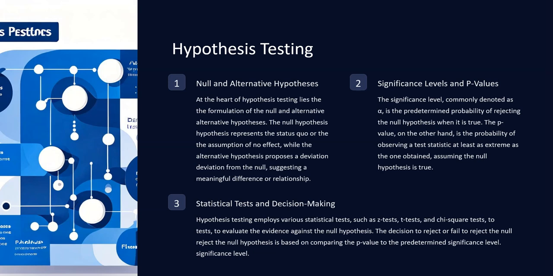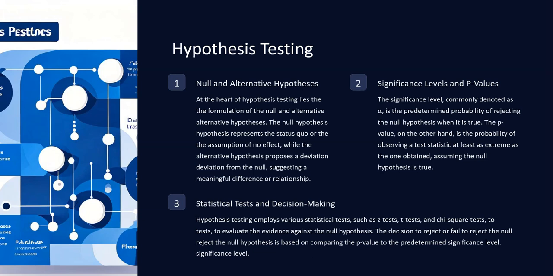In statistical tests and decision making, we calculate the z-score, t-test, and chi-square test to evaluate the evidence against the null hypothesis. The decision to reject or fail to reject the null hypothesis is based on comparing the p-value to the predetermined significance level.